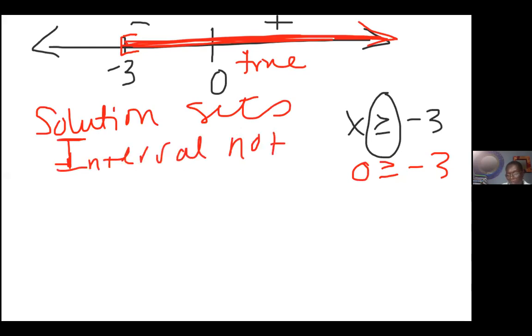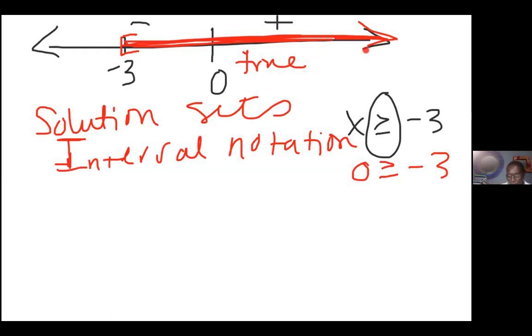Many of these problems you will encounter in my math lab will require you to express the solution set in interval notation. So if you're going to write a solution set in interval notation, guys, it is simply this. You are simply taking this information off the number line, this information on the graph, and rewriting it without the number line. That's all you're doing. You're expressing the same information without the number line.